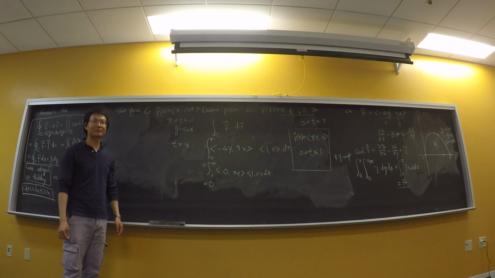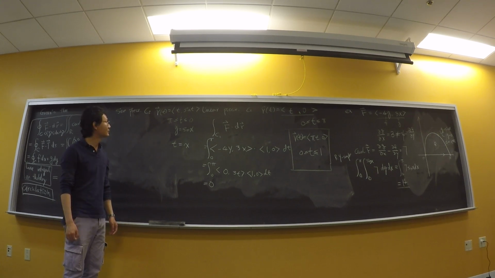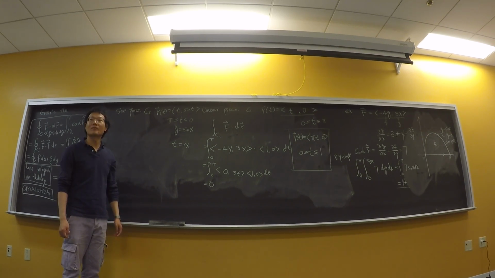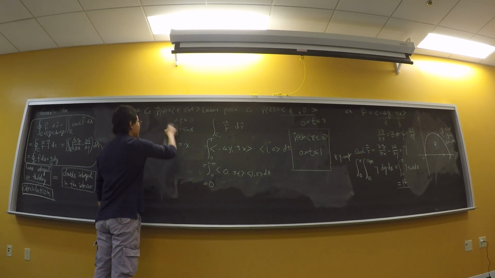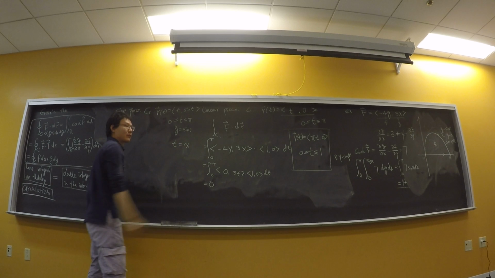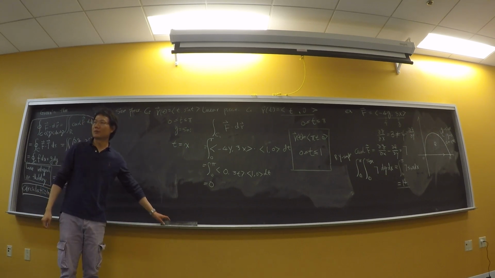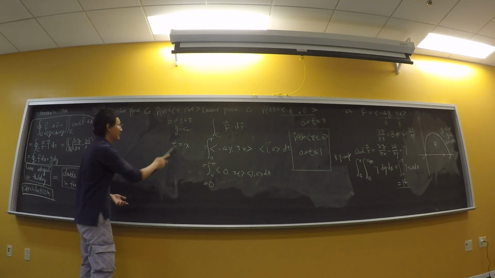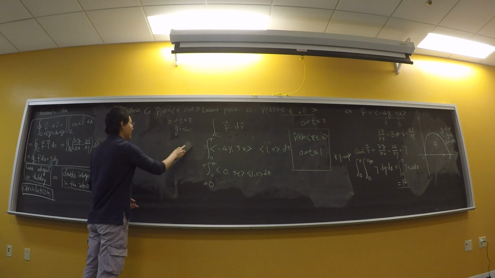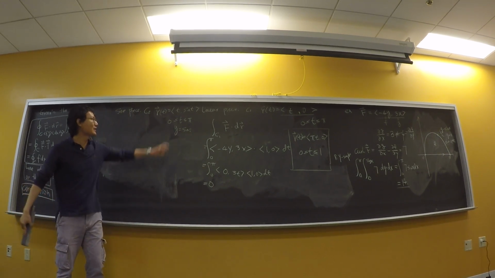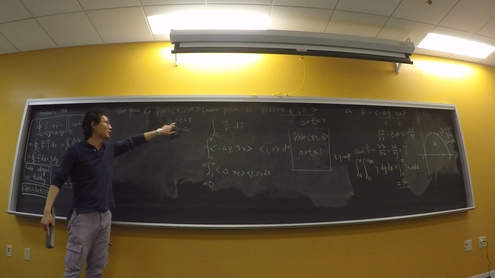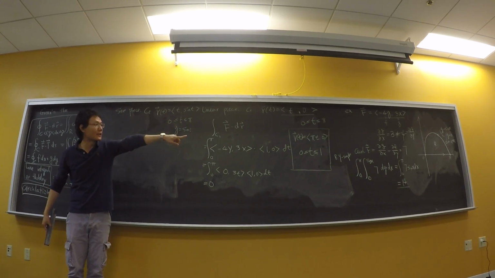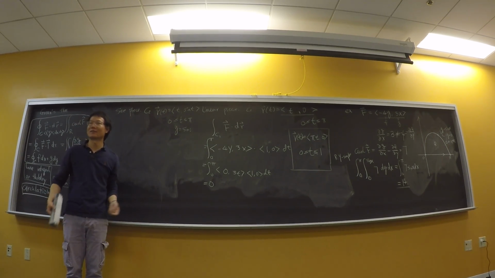Then what do we do? How can I make t go from 0 to pi, but x go from pi to 0? I fix my orientation first, but I want t to go from 0 to pi, and simultaneously x to go from pi to 0.